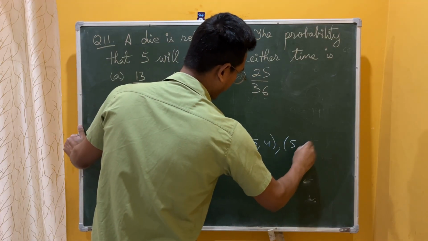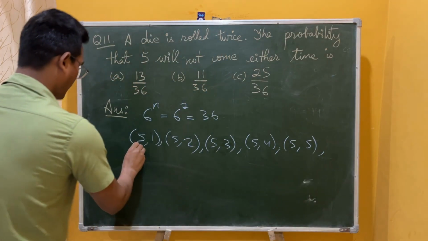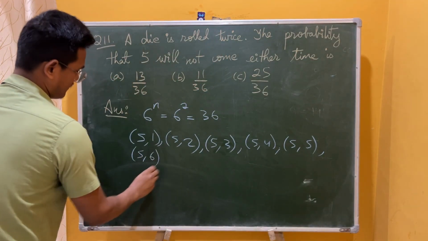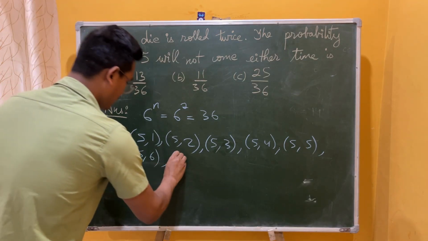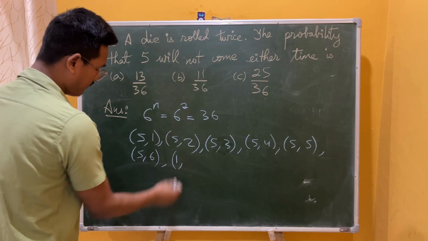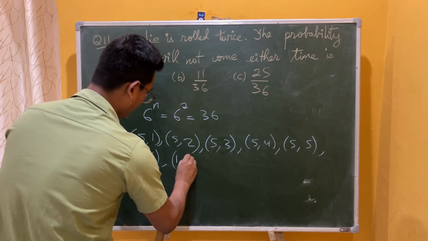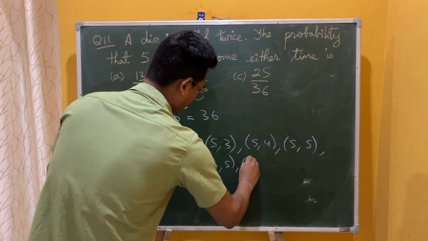You can have both 5 also, right? First one 5, second one also 5. You can have 5 and 6, right? And you can have 1 first. In the first row it's showing 1, in the second row it's showing 5. Similarly, like this.